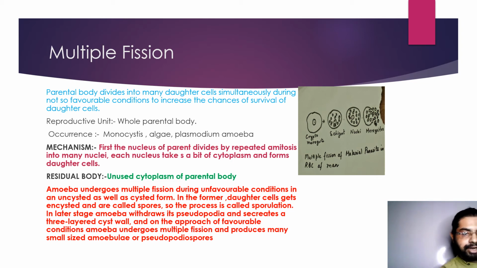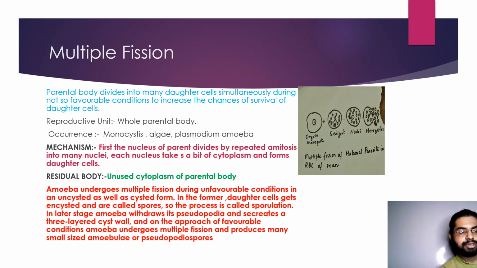RBC means red blood cells or red blood corpuscles or erythrocytes. You see the parental body here divides into many daughter cells simultaneously. You see how many daughter cells are produced here.